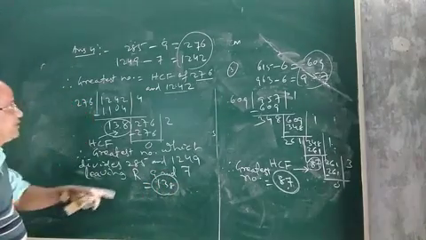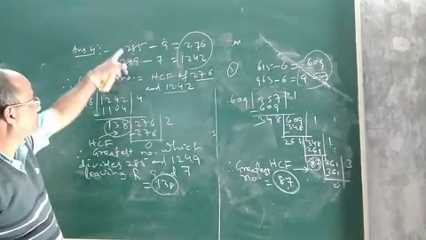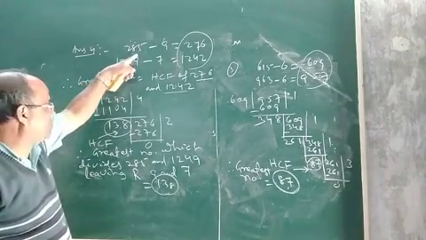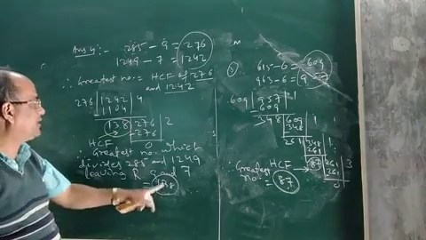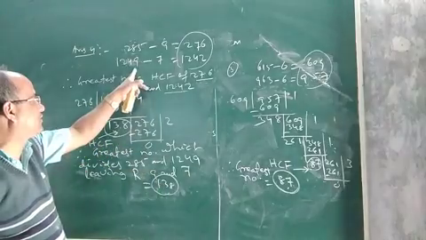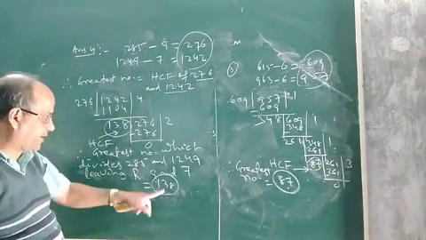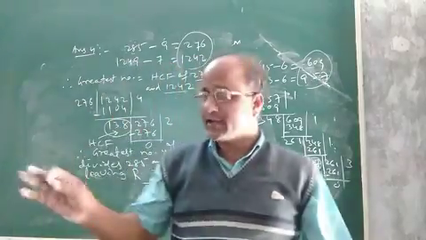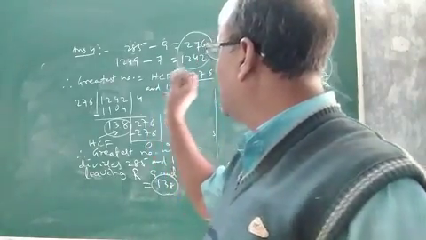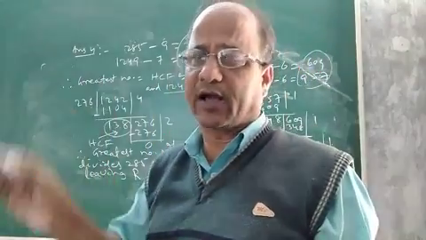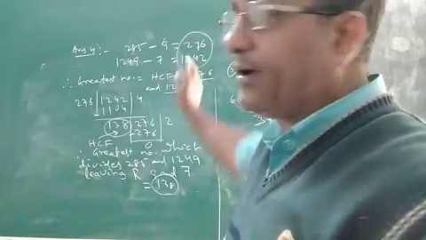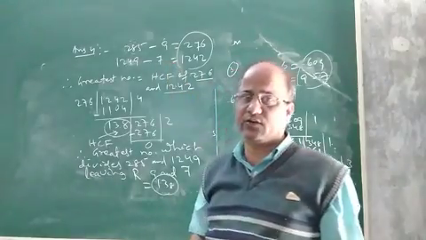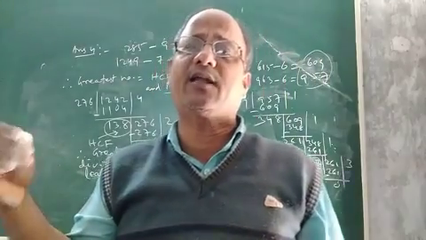That means if you divide 285 by this number, then you will get remainder 9. And if you divide 1249 by 138, then you will get remainder 7. So the greatest number that will divide 285 and 1249, leaving remainder 9 and 7, is 138. So this type of question you will answer in this manner.